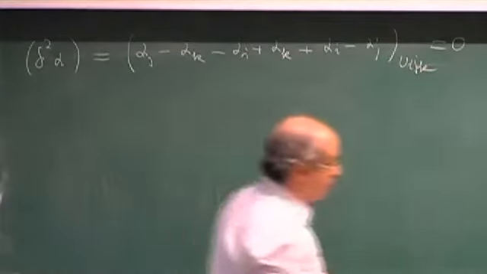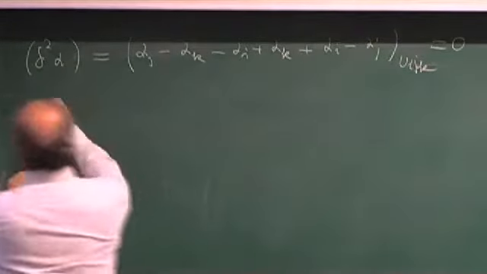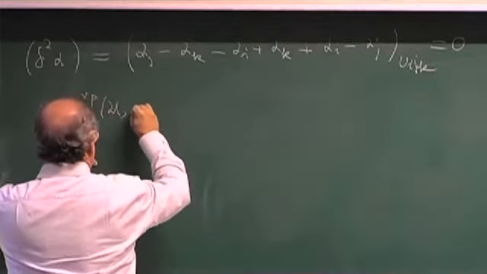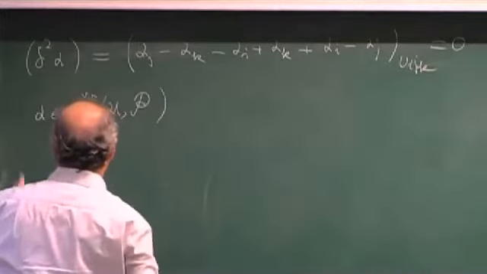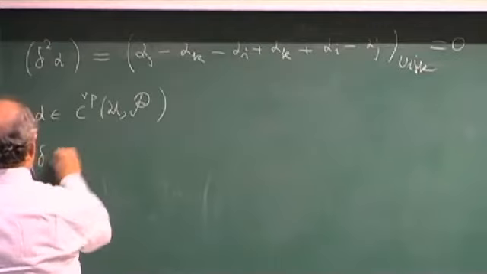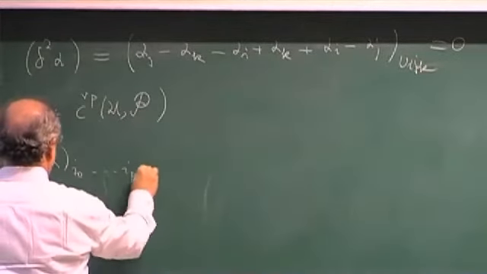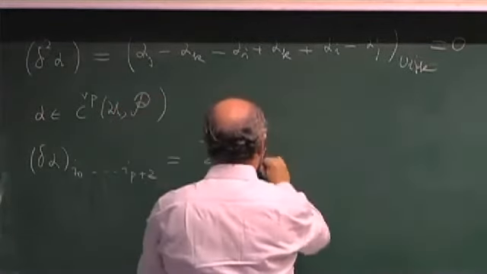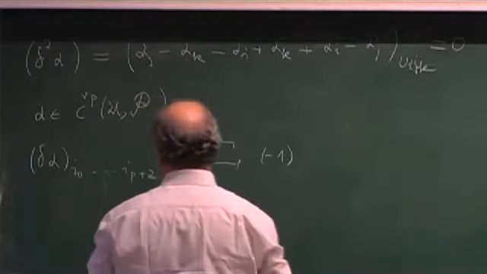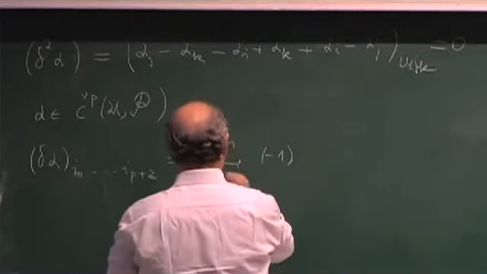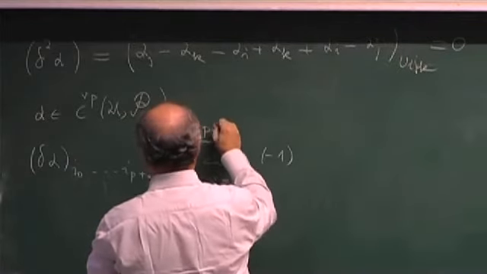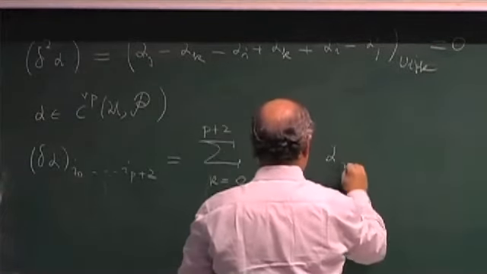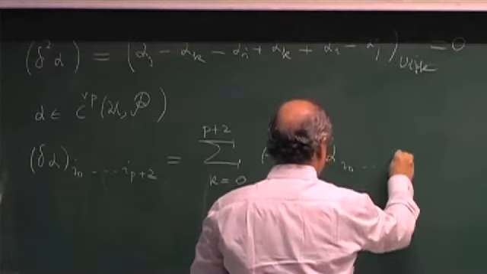And we can write a general formula. If alpha is a P cochain, then delta alpha will have P plus 2 indices and will be the sum over k going from 0 to P plus 1 of minus 1 to the power k alpha, where you omit the kth index.